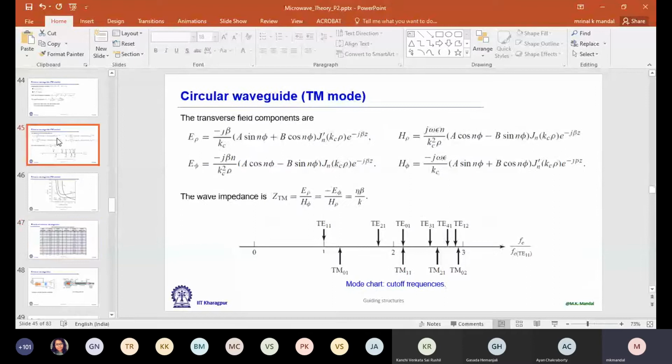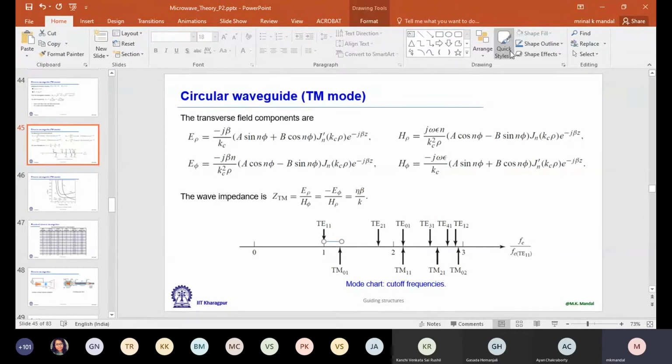So if I go back here, in most applications, as I said, we want monomode bandwidth. Only one mode should be supported by the waveguide. So if I choose this region after TE11, the next higher order mode is TM01. So for monomode bandwidth operation, I can use only this region.